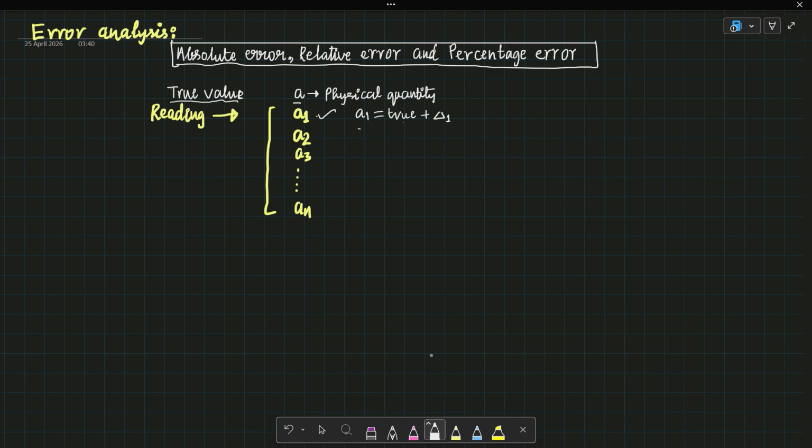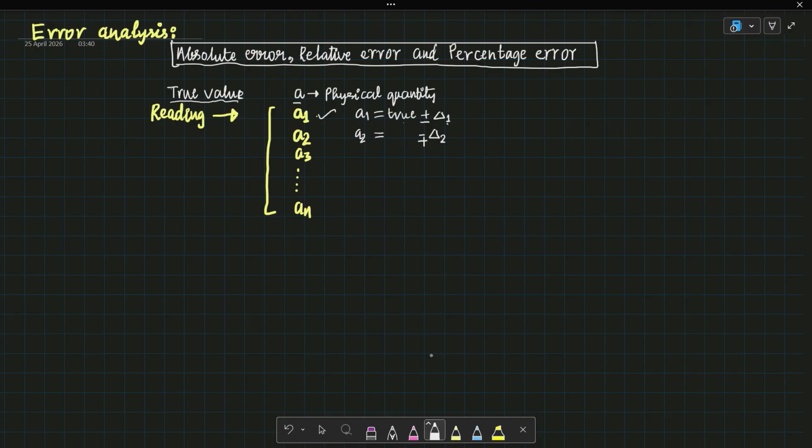Similarly, if we take the second reading, it is possible that this reading will be true value plus or minus some value. It could be less than or more than, we do not know. That's why we show it with a minus sign and a plus sign. Similarly, here also our measured value is true value plus or minus some small quantity, the error part, delta 1 and delta 2.